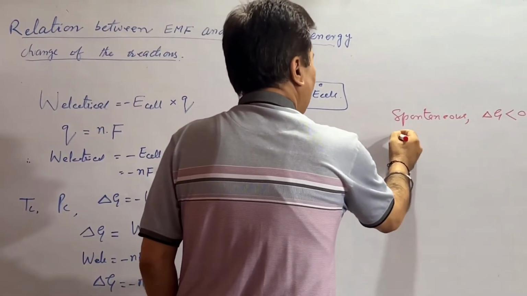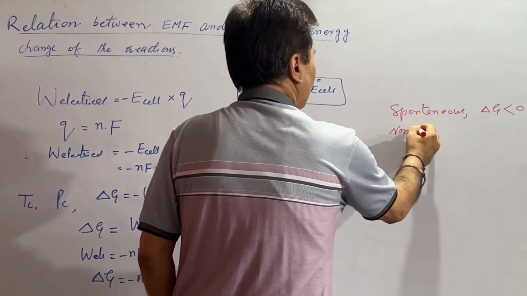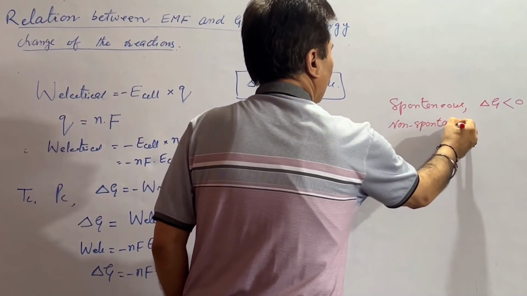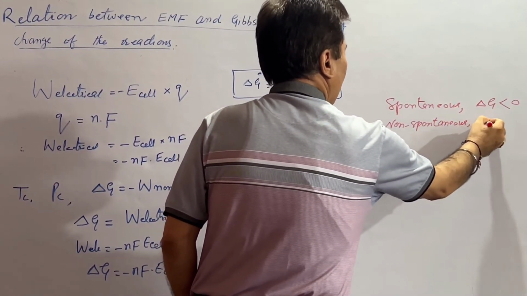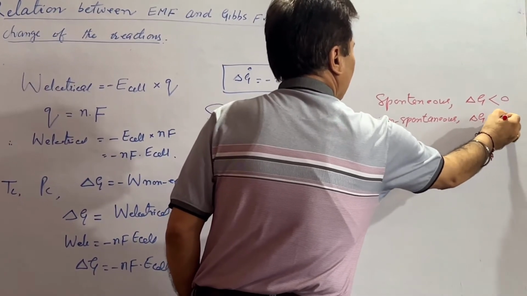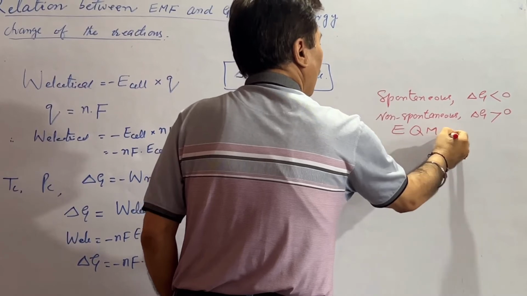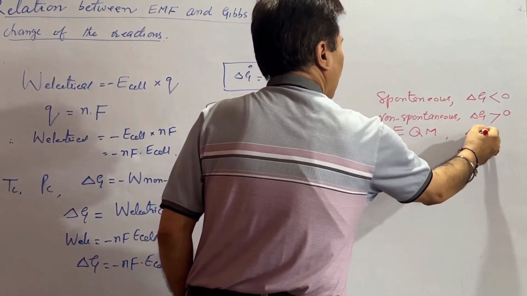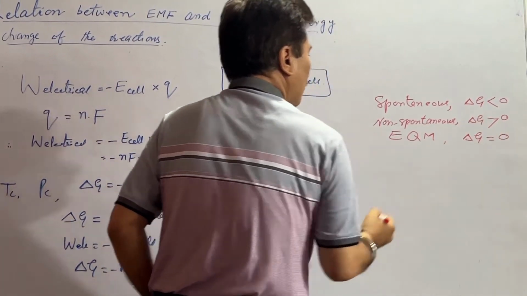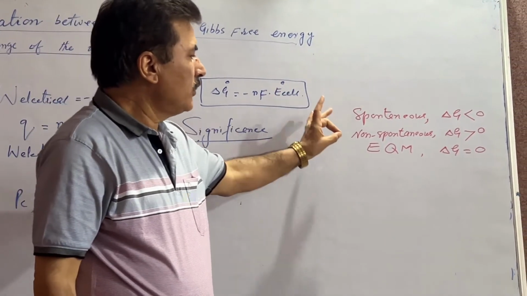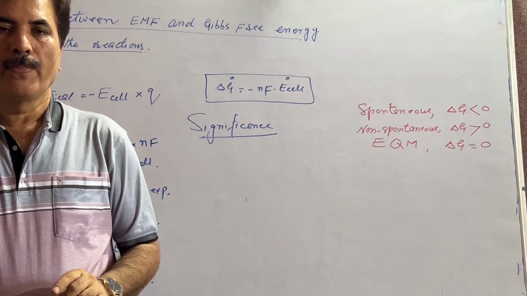For non-spontaneous process, delta G is greater than 0. If it is equilibrium, at that time delta G is equal to 0. These are the three conditions for spontaneous, non-spontaneous and equilibrium.